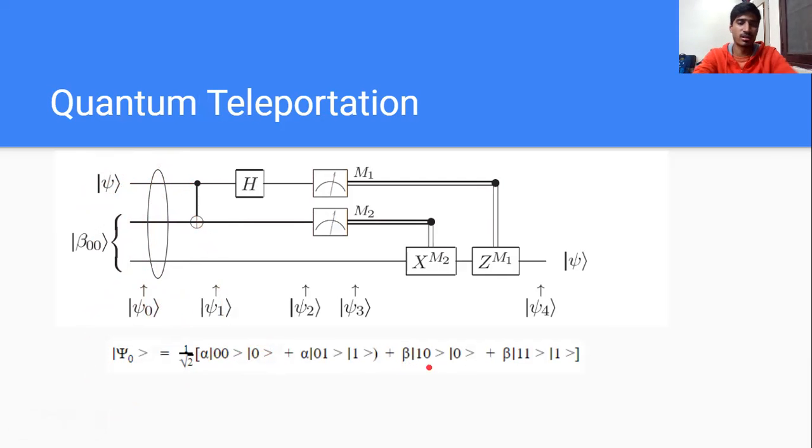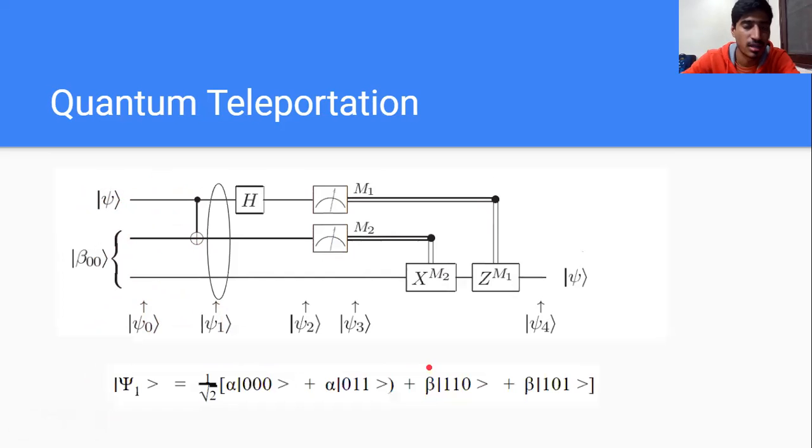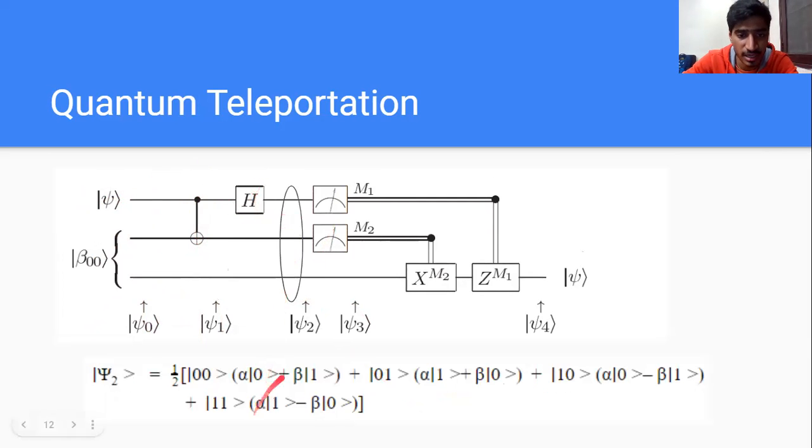We have to keep this in mind because we will see why. Then Alice applies a CNOT gate, keeping her first bit as the control bit, and she ends up getting this. Then she applies a Hadamard gate, and after taking some common factors and factorizing, we will get this. So the first two qubits belong to Alice, and the third qubit belongs to Bob.